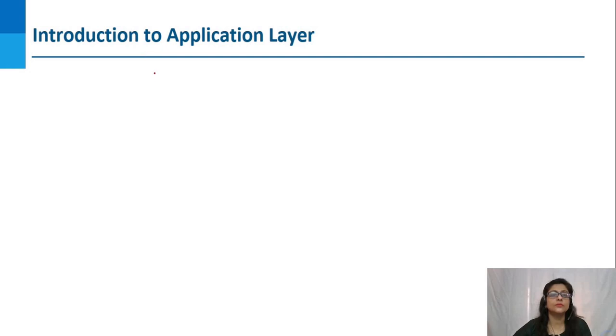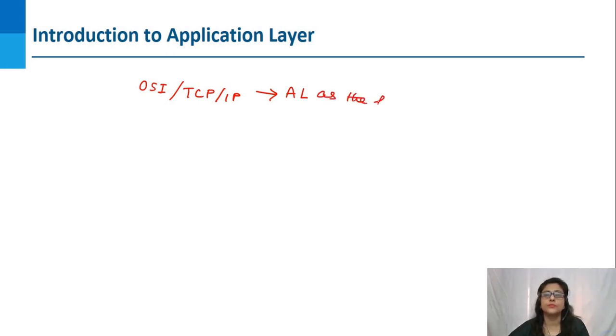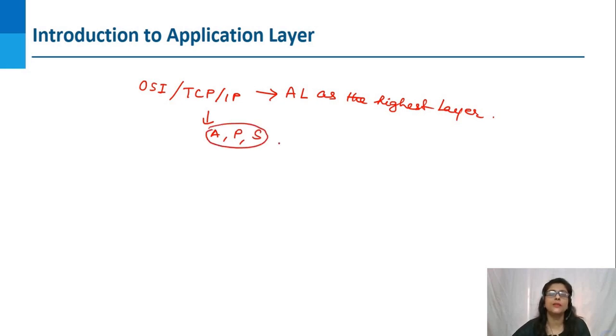If you recall, the OSI model or TCP/IP protocol suite consists of the application layer as the highest layer. In TCP/IP, the application layer, presentation layer, and the session layer of the OSI model are combined together to form the application layer.